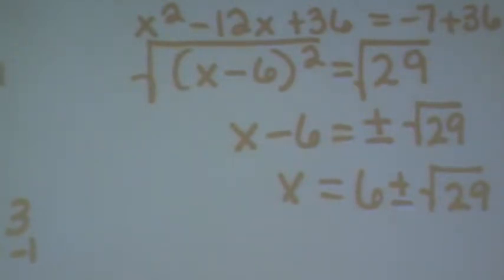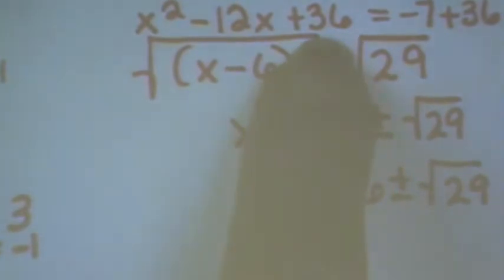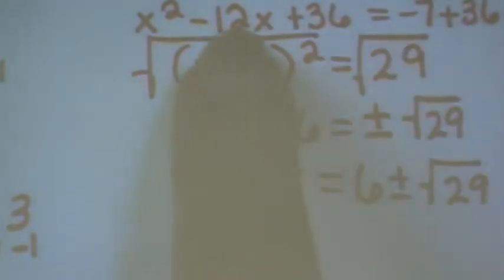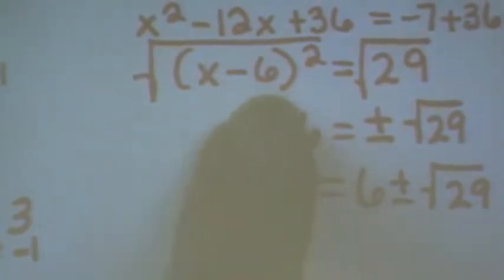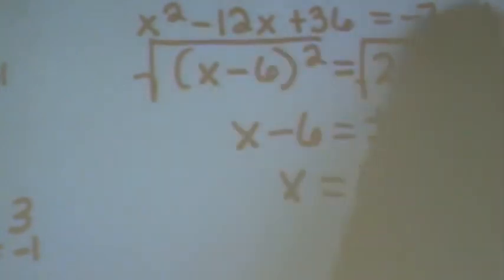How do you get the number that you factor? You mean the 6? You take half of that number. Half of it and square it is the 36, but half of that number is what goes in the parentheses. How do you know what number you're gonna add to both sides?